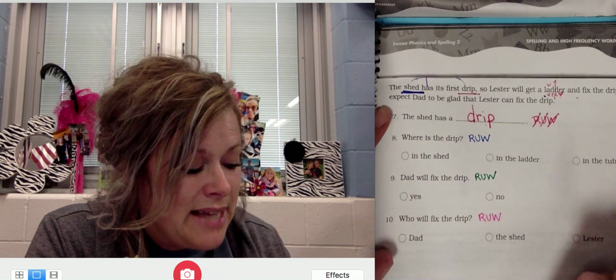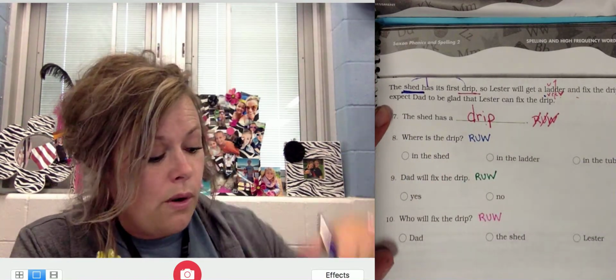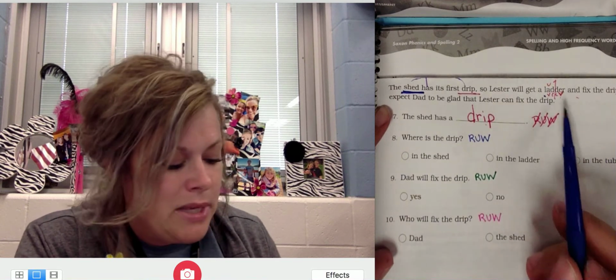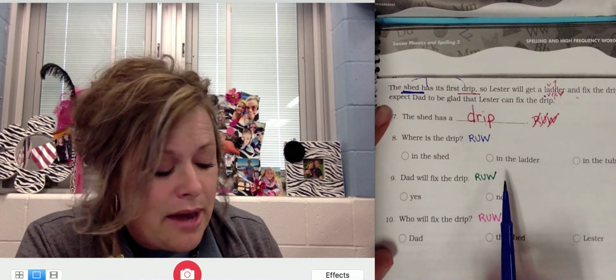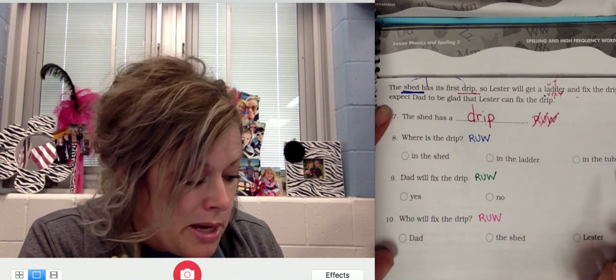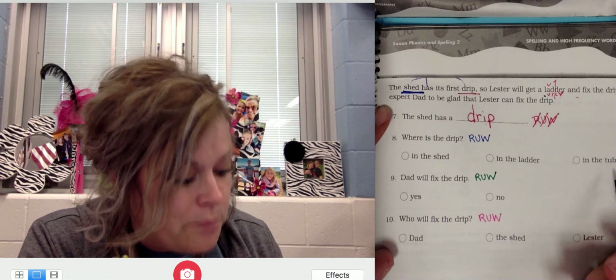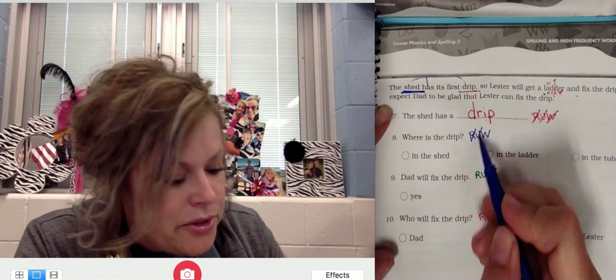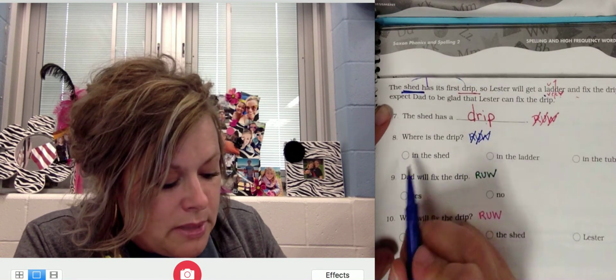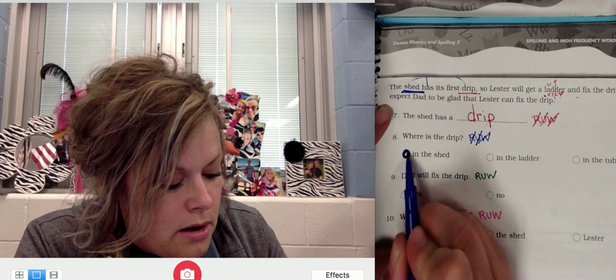At first I thought it was asking me, is it in the ceiling or is it on a wall? I do know that there's a ladder there, but the drip isn't in the ladder. They use the ladder to get to fix the drip. There's nothing about tubs, so I underlined that it was a shed that had the drip, and I'm going to write it in the blank right there.